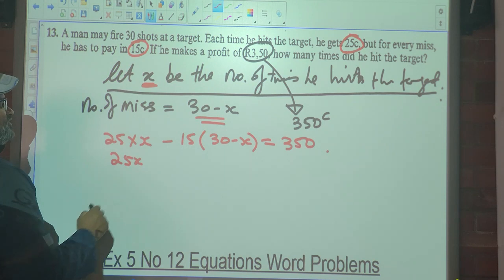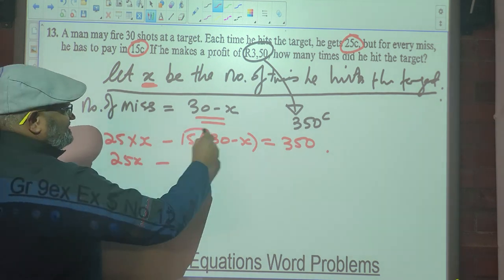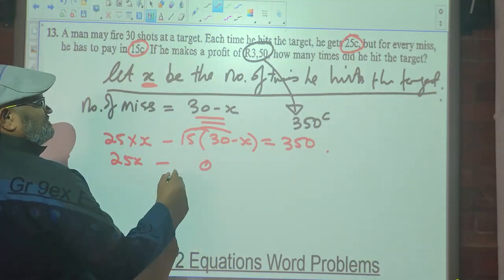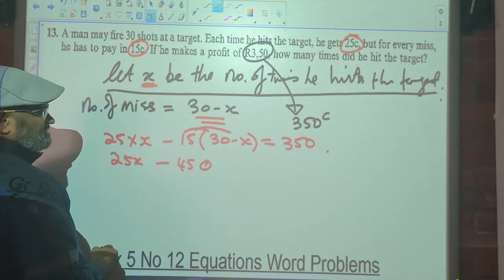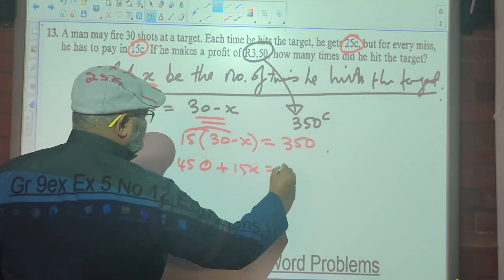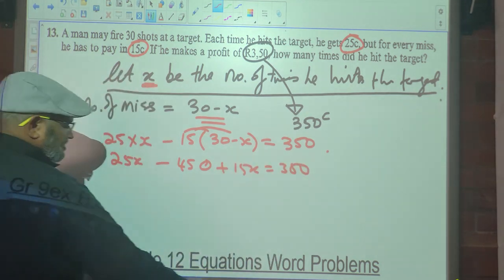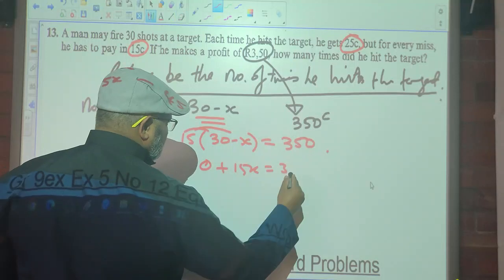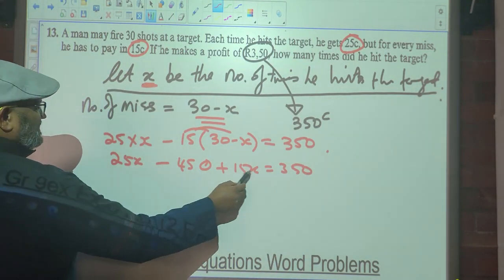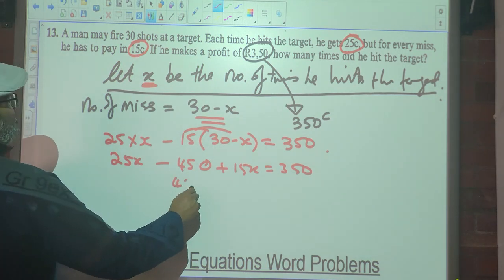There's 25x minus, get rid of the brackets, 0.15 times 30 is 450, is that correct? Yes. Plus 15x is 350. Right. 25x plus 15x is 40x.